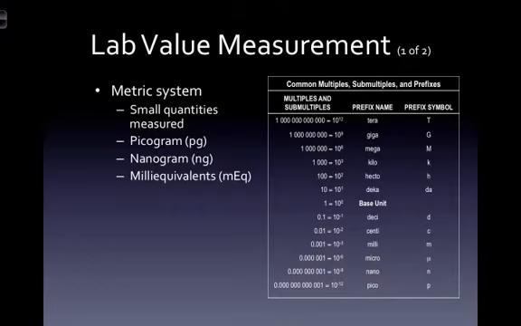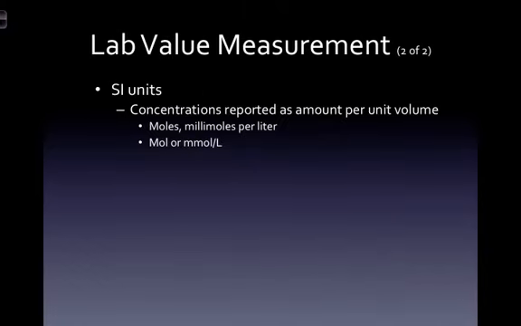Lab value measurements. We essentially use a metric system on this, so you need to be very, very familiar with the metric system. Picogram, nanogram, milliequivalents are some of the things that are on there. Standard units: concentrations reported as amount per unit volume, moles or millimoles per liter.